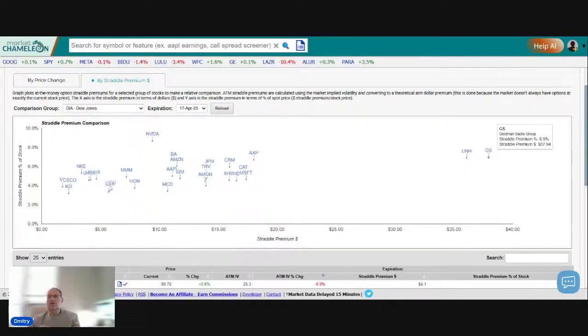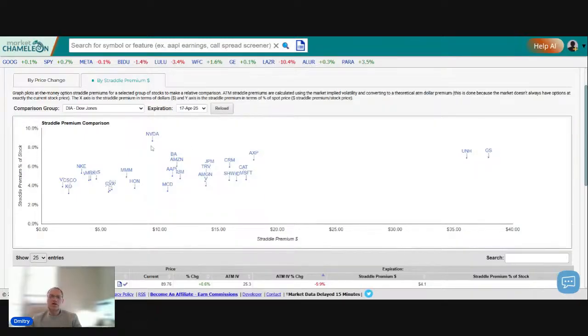It has to move 10% in either direction to break even. But if the stock is 50 and you're paying $10, now the stock has to move 20% to break even. So this is the percent on this side. We could compare the dollar value versus the percent.